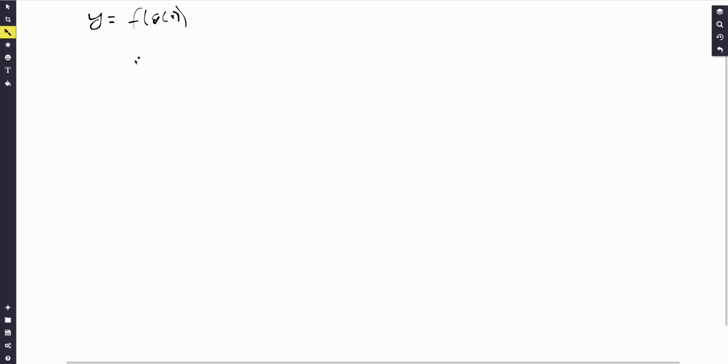If we want to take the derivative of y, we write y prime, again, is equal to f prime of g of x times g prime of x. So what the chain rule is used for is composite functions.